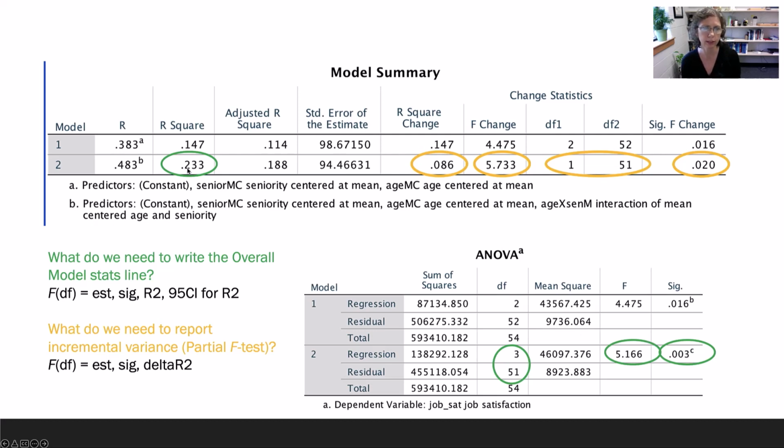So our R squared is there, but then we'll need the R squared confidence interval, which you get at the Daniel Soper website. And then in the rest of this table is our partial F test, just like in your homework 5. So you have your F estimate, your degrees of freedom for the partial F test, the significance, and the delta R squared, the change in R squared.